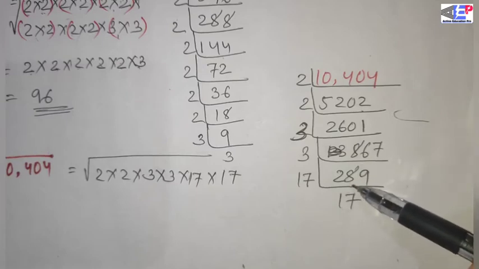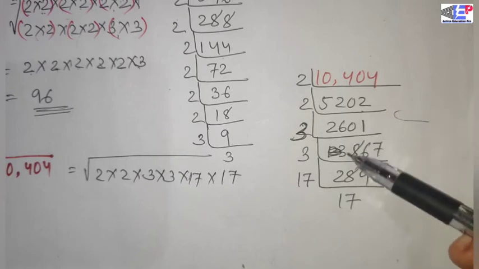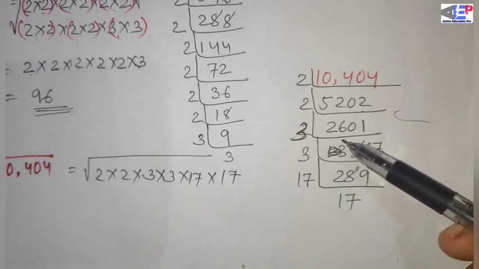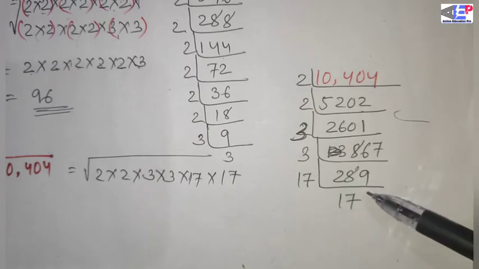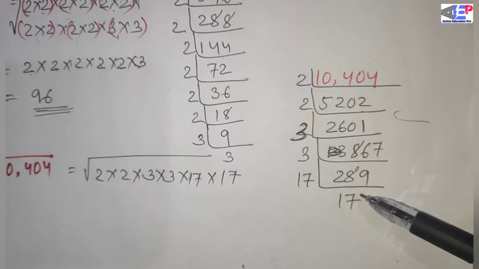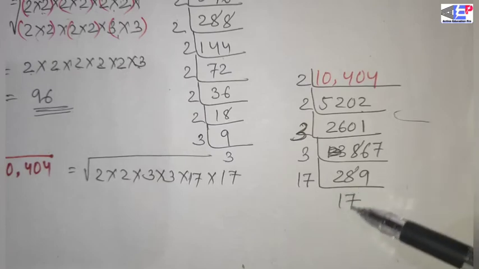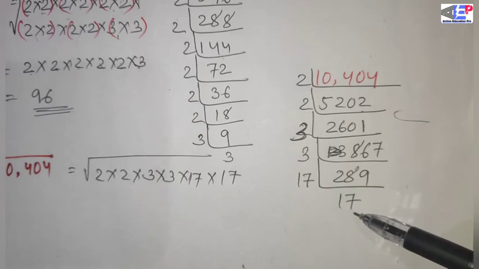When we divide by 3 two times, the remaining last result is 289, which is not divisible by 2, 3, 5, 7, 11, 13. Finally it is divisible by 17, and the last one is 17, which is a prime number, so we cannot divide it further by any number.